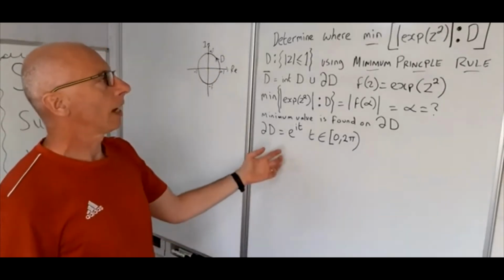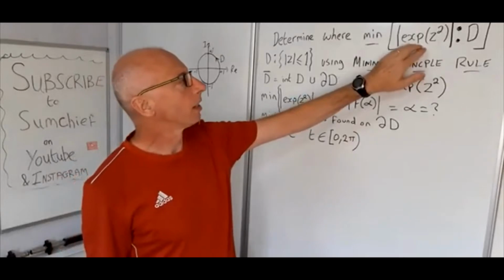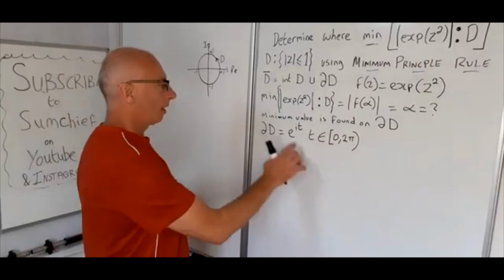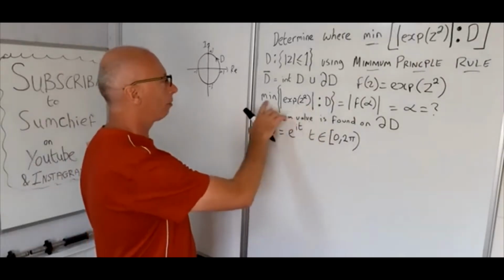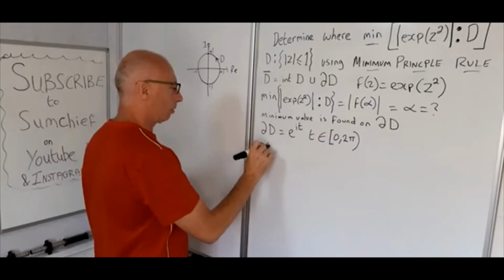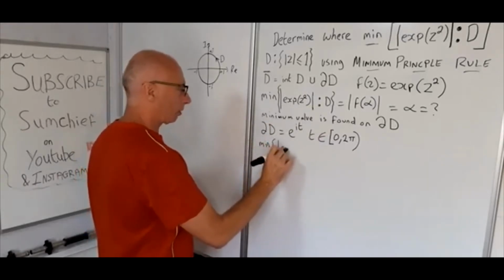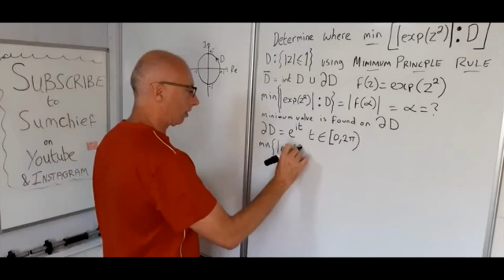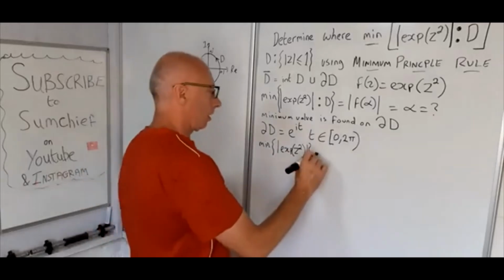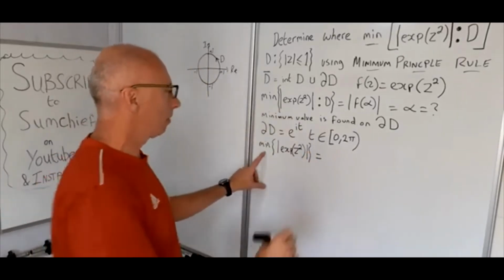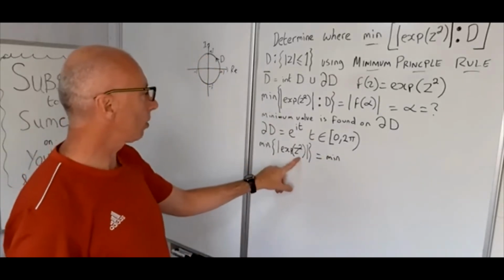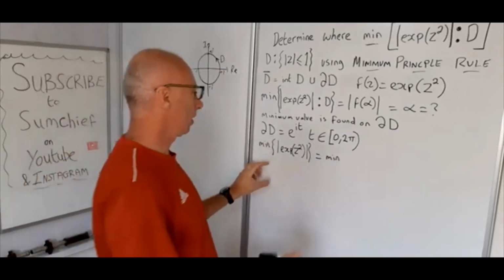Okay, so now we know that, we can plug that in to our value here. So now we can say that the minimum of the exponential of z squared on the set D is equal to the minimum value, and all we're going to do now is substitute in for the z squared because we know what the border of D is.